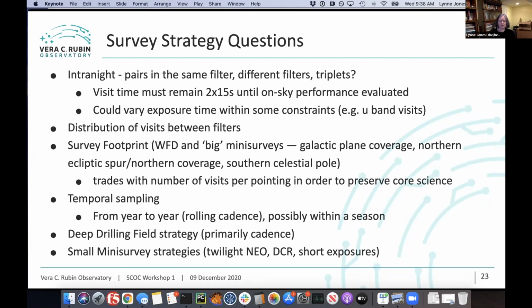And the amount of time to do the other suggested deep drilling fields, for the solar system or Magellanic Clouds, for example, is so much smaller that I think it might be easier to talk about this in a more clear way by talking about those as mini surveys or pencil beam surveys for the solar system, for example. And then we have other small mini surveys and what their strategy should be.